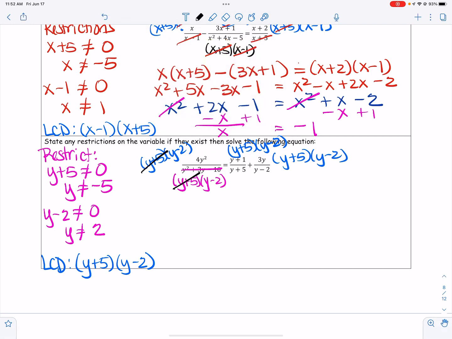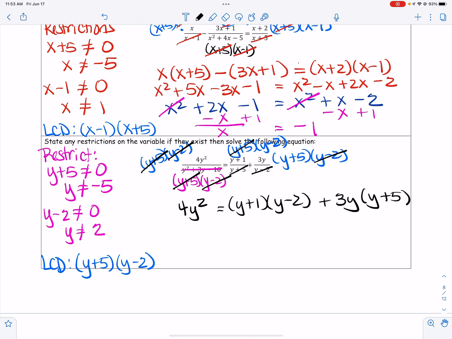Y plus 5's cancel, y minus 2's cancel. So I'm left with 4y squared. Y plus 5's canceled. So I'm left with y plus 1 times y minus 2. Y minus 2's cancel, and I'm left with 3y times y plus 5. 4y squared. Foil this out.